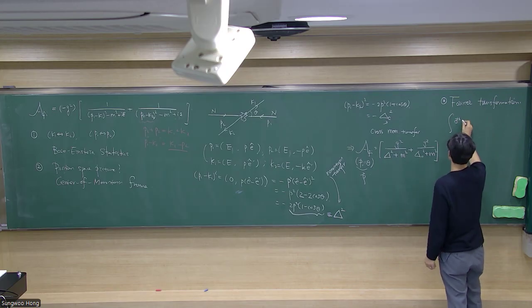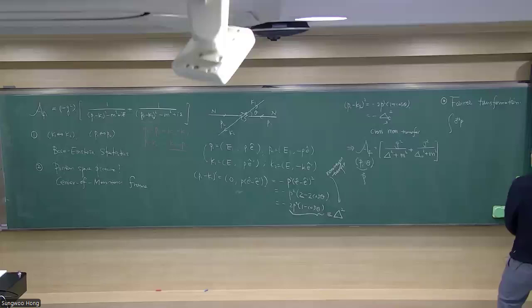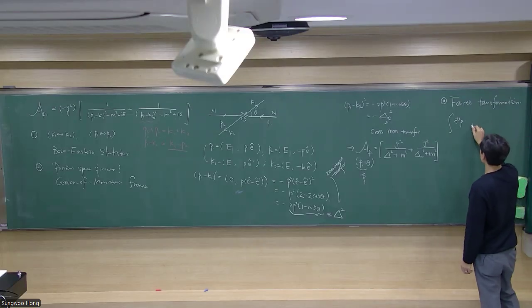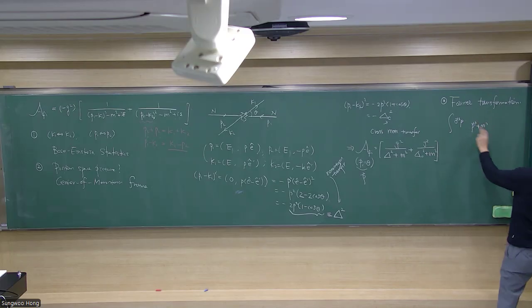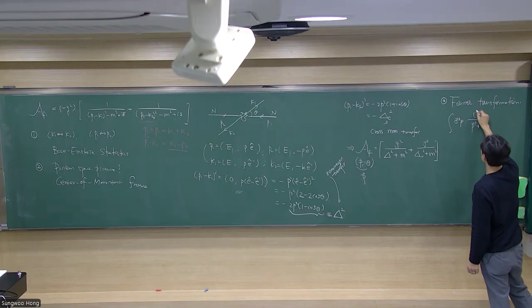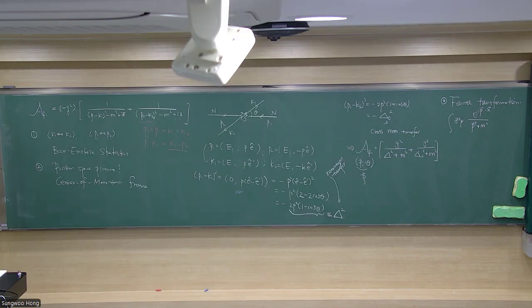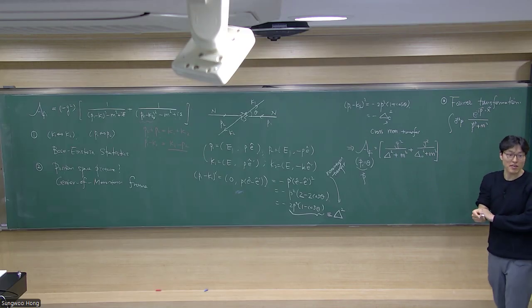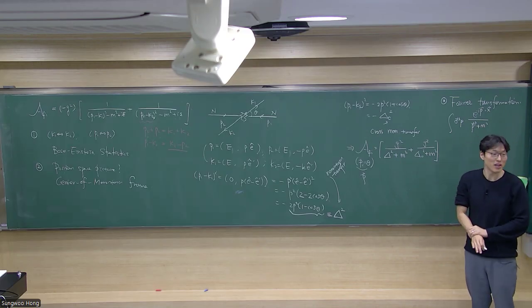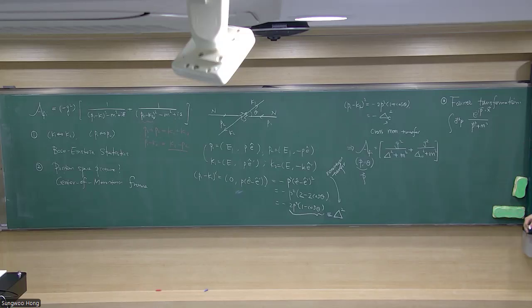We want to go back to position, so I'm gonna do this. And then we have something like 1 over p squared plus m squared, where by p squared I really now mean the spatial vector squared. And then we want e to the i p vector dot x. I don't know if this is consistent with the first lecture of the seventh decade. Right? I'm going to use this Fourier transform formula. Okay? So long as you're internally consistent, it should be fine.